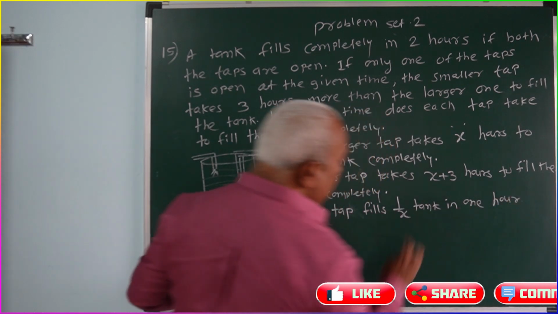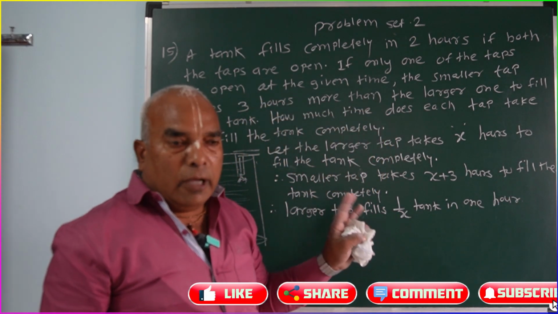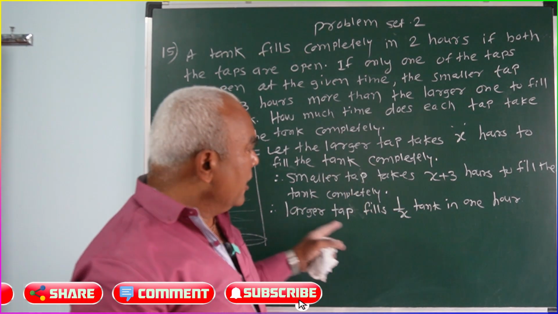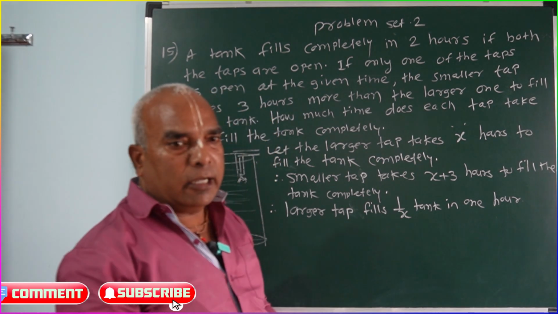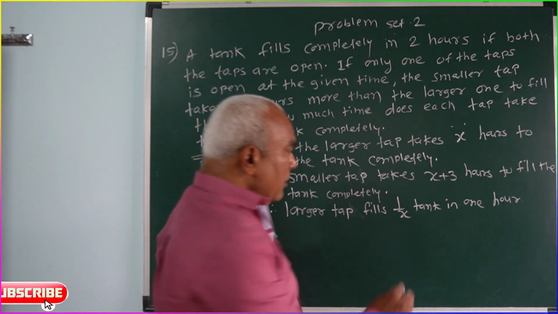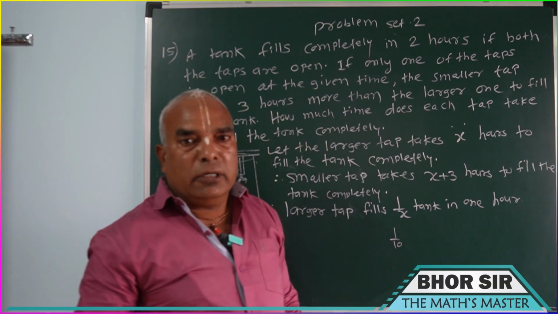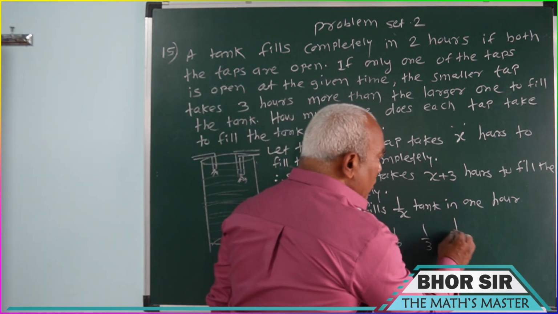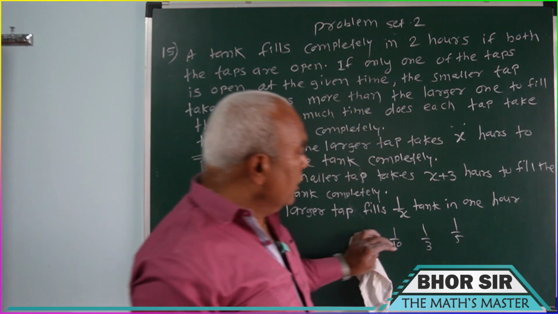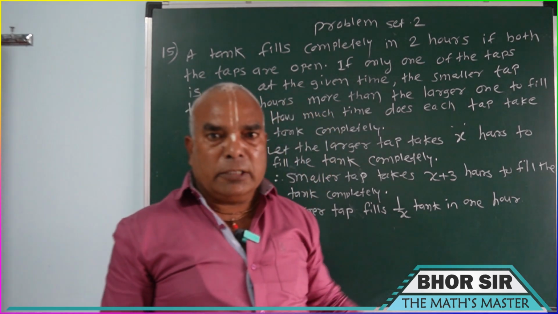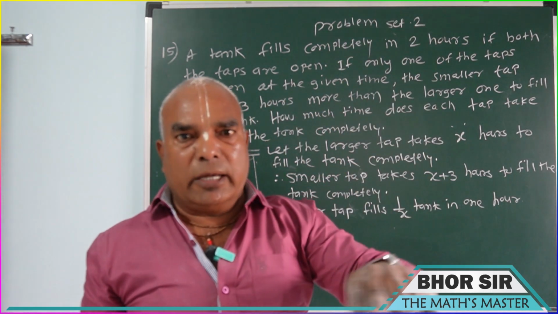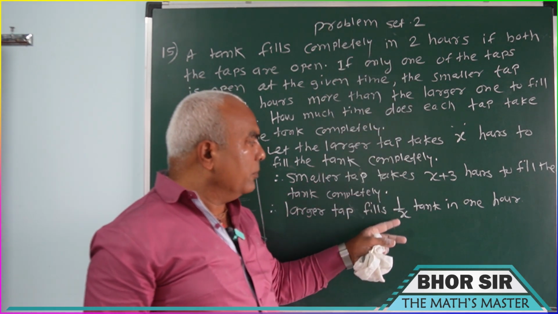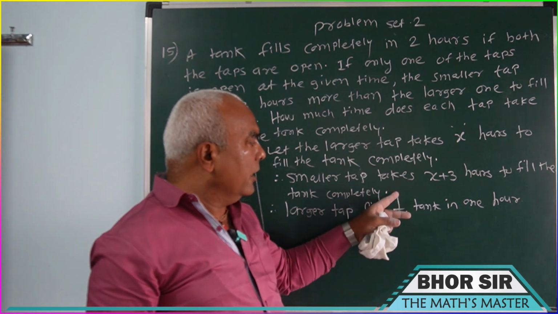See, this concept is very important. However many hours are required to fill the tank, that many parts are made, and in 1 hour, 1 upon that number is filled. Suppose 10 hours are required, then in 1 hour, 1 upon 10. 3 hours, in 1 hour 1 upon 3. 5 hours, 1 upon 5. 6 parts, 1 upon 6. 7 parts, 1 upon 7. 8 parts, 1 upon 8.